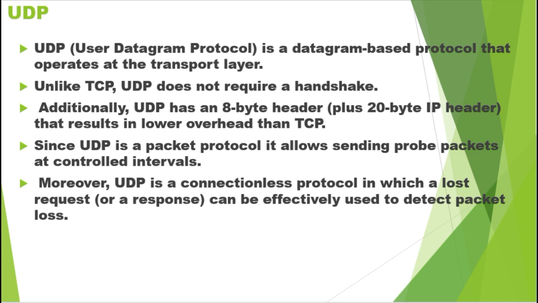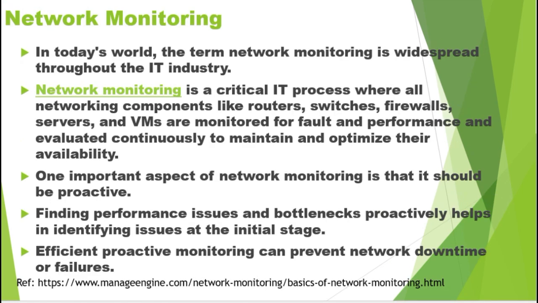UDP has a small overhead because its header is only 8 bytes, as compared to TCP, which has 20 to 40 bytes of header. Unlike TCP, which may adjust the packet size because of the congestion mechanism, UDP is a packet protocol like IP, so we can send probe packets at controlled intervals.